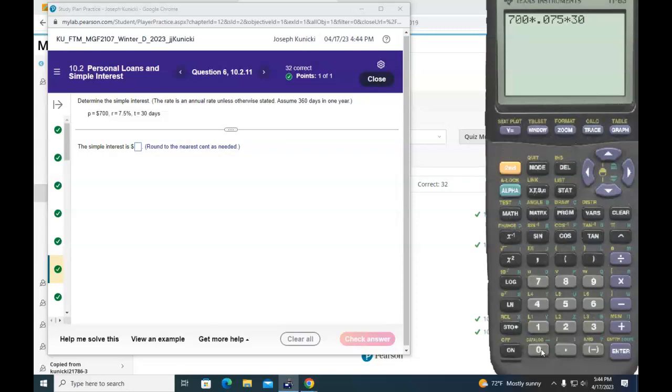Assume that it's an annual rate unless otherwise stated. So I got to turn that into years. So it's 30 divided by 360. It's 1/12 of a year. Because if I put 365, I get a smaller number, and they don't like that. So the interest is $4.38.